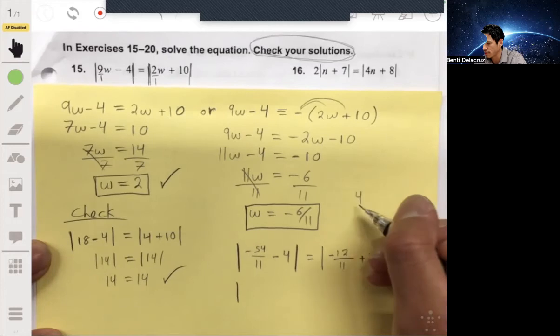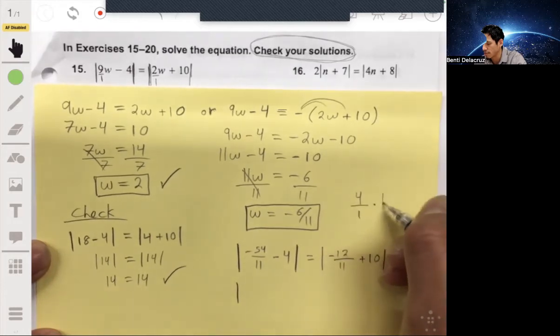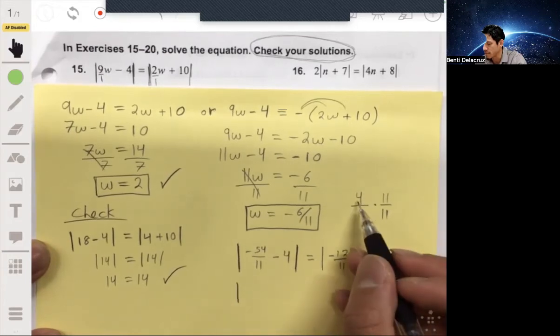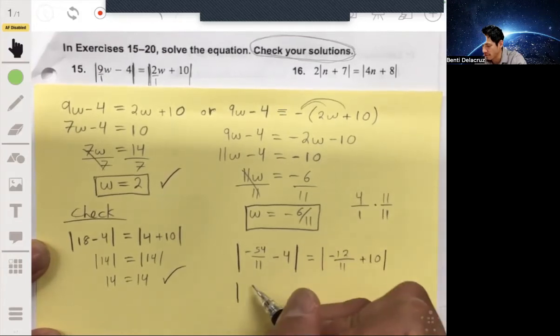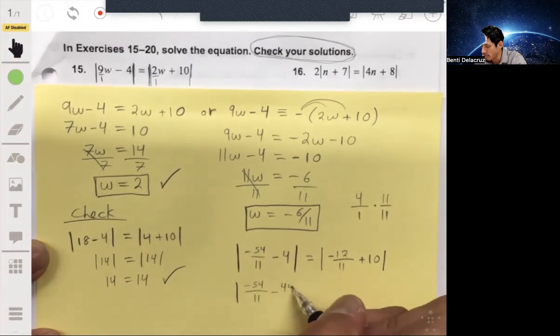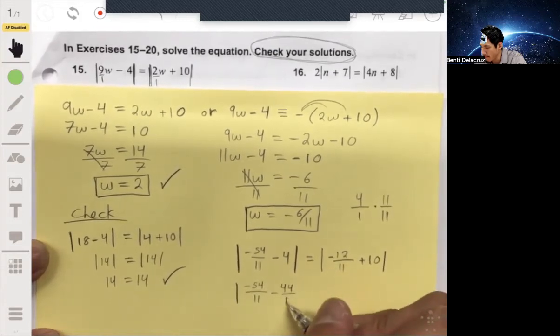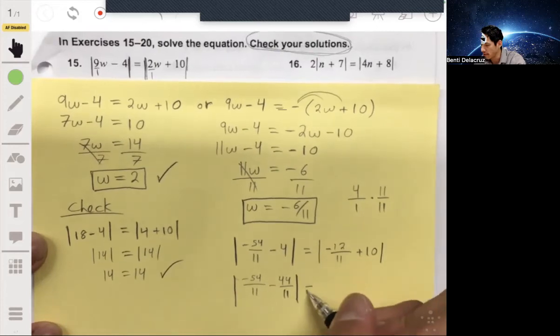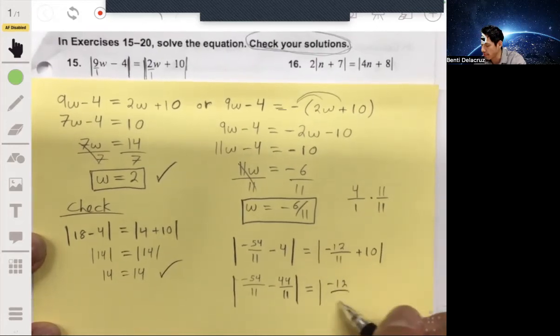So remember, 4 is the same as 4 over 1. So you're multiplying it by 11 over 11. So minus 4 is the same as 44 over 11. So here we would have negative 54 over 11 minus 44 over 11. That'll be equal to the absolute value of negative 12 over 11.